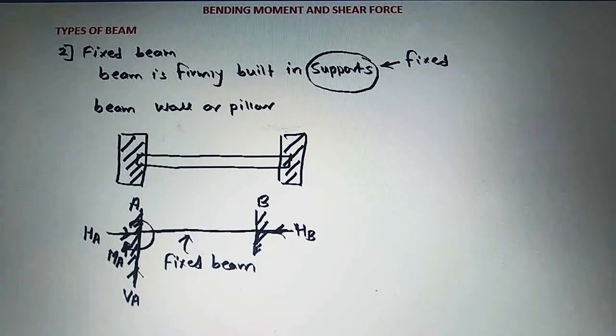Then we will take the vertical reaction, and we will take it as VB, and then we will take the moment. As we are considering the clockwise moment as positive, we will write the clockwise moment, that will be MB. So these are the reactions offered by the fixed support, and this is all about the fixed beam.